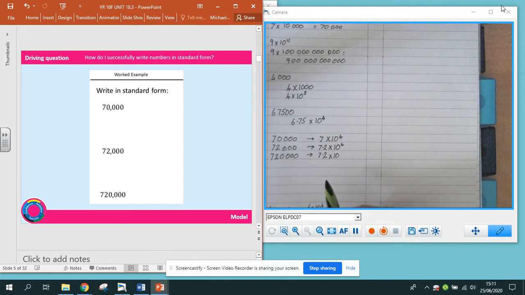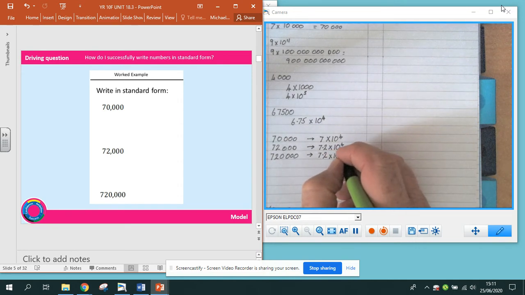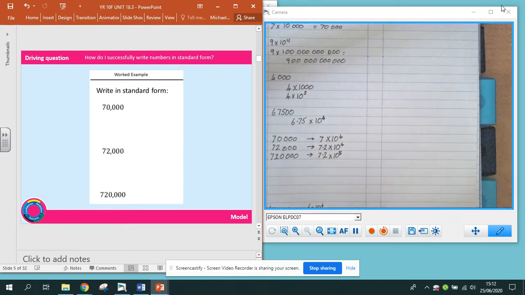Well, it's 100,000. So 100,000 is a 1 followed by 5 noughts. So this is going to be 7.2 times 10 to the 5th. So in each case, the power is how many places we have to move the number to get it back to our original number.